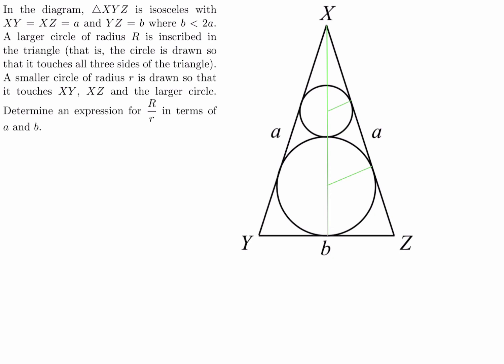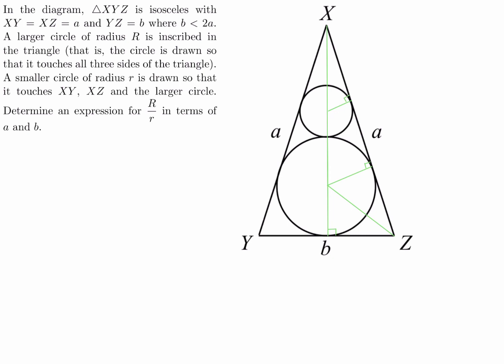And I believe we should be okay, but one more line from the center to Z, and that should be sufficient. And then let's draw the fact that these are going to be right angles, since those are tangent points.